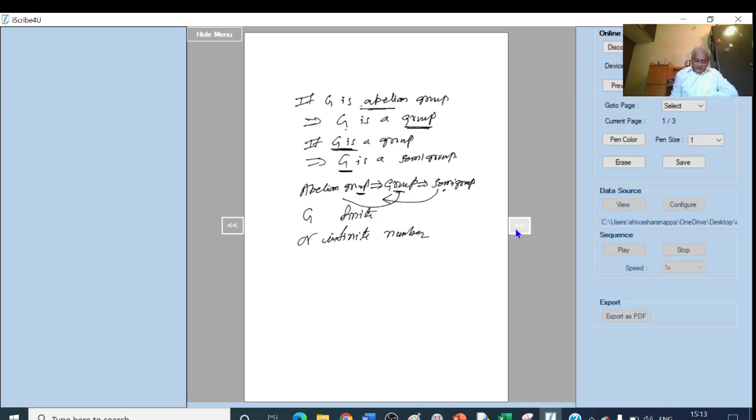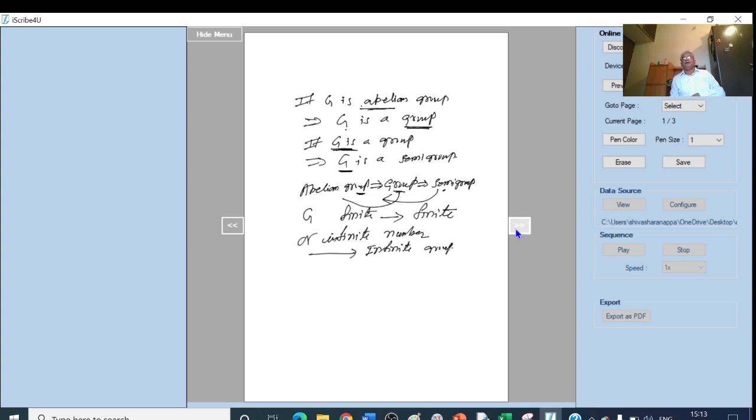So if G consists of a finite number of elements, then you say that the group is a finite group. And if G consists of infinitely many elements, then you say that it is an infinite group.